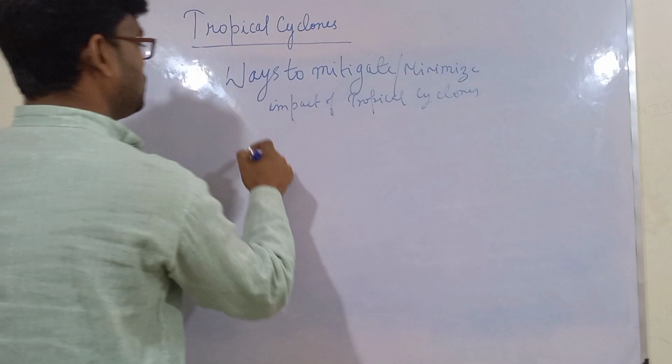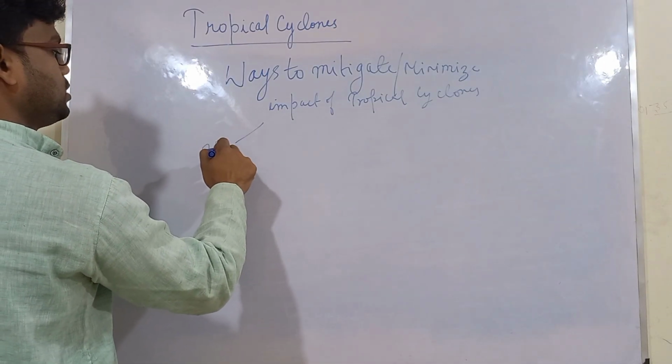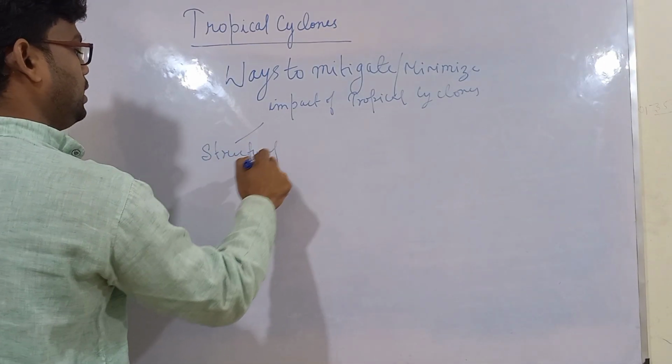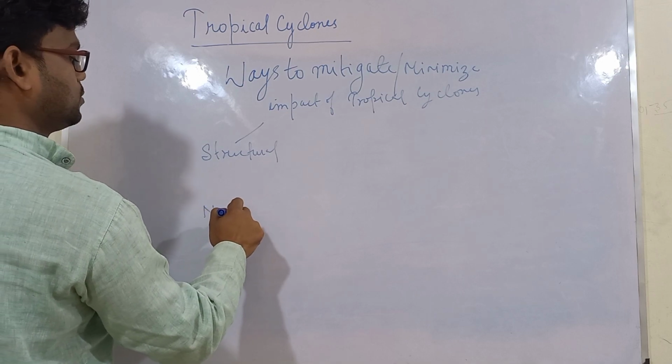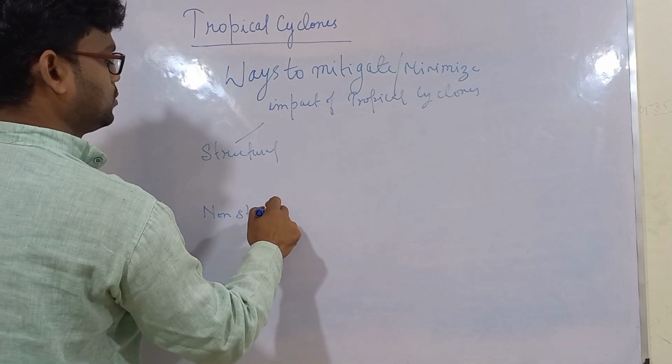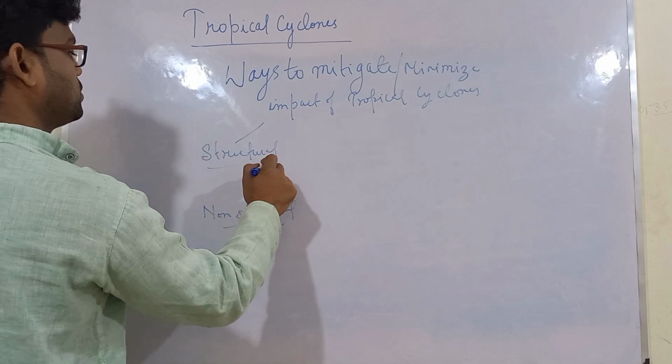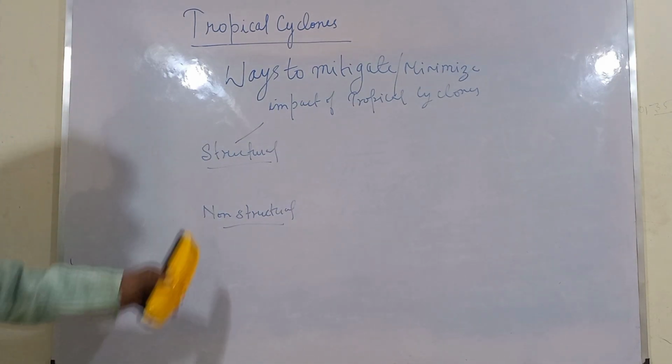Now what are the ways? There are actually two ways: structural and non-structural. So if you are asked in the examination, you can divide it into two parts: structural and non-structural.